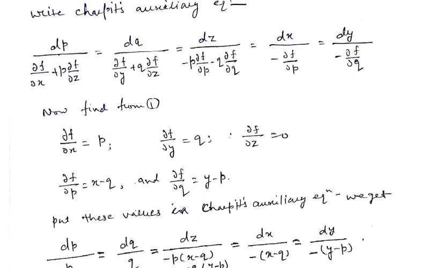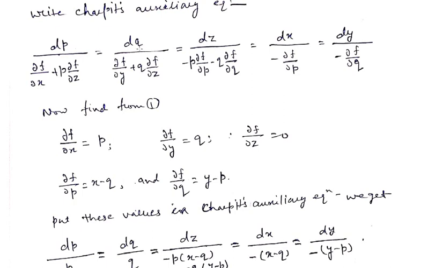Now we write Charpit's auxiliary equation which is given by this equation. Here the numerators are dp, second one is dq, third is dz, dx and dy. In the denominator of dp there are partial derivatives with respect to x and z. As p is del z upon del x, we can remember that the denominator of dp has partial derivatives with respect to x and z.